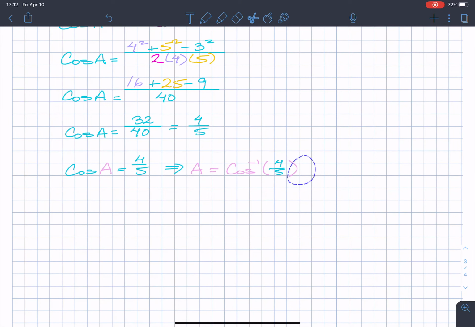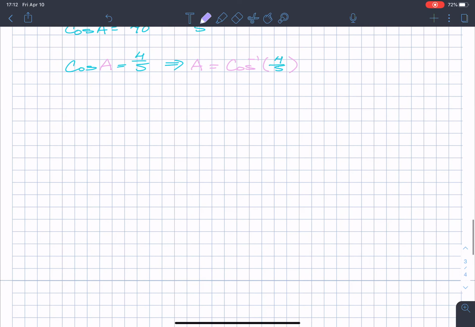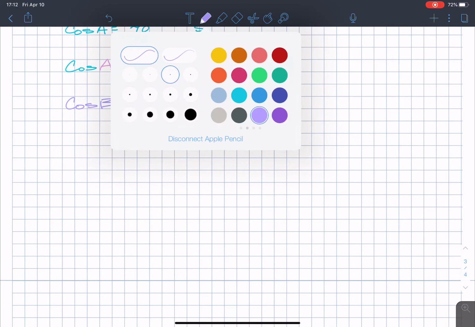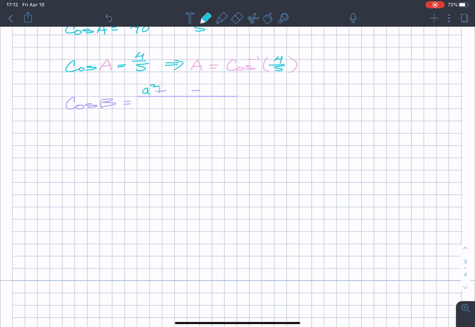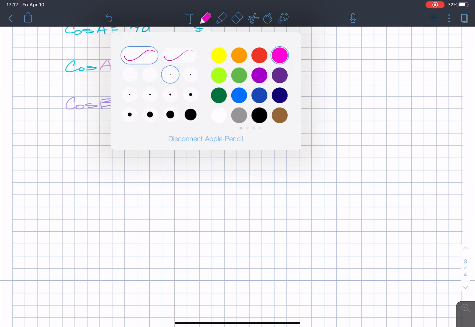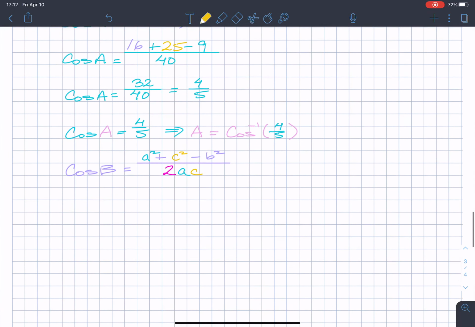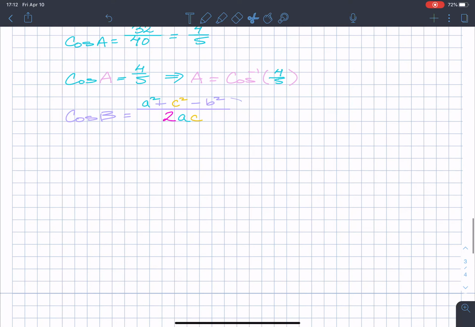Okay, much better. So now using purple for what I assigned it for, which was B. So I claim that cosine of angle B is going to be the quotient, A squared plus C squared minus B squared all over 2 times A times C. Move that down one.